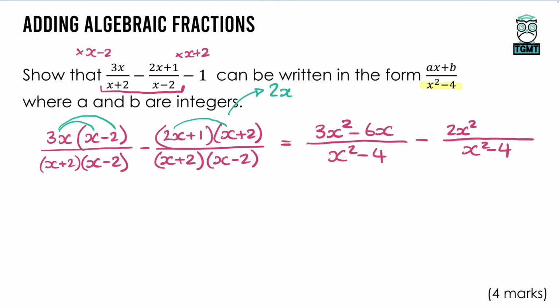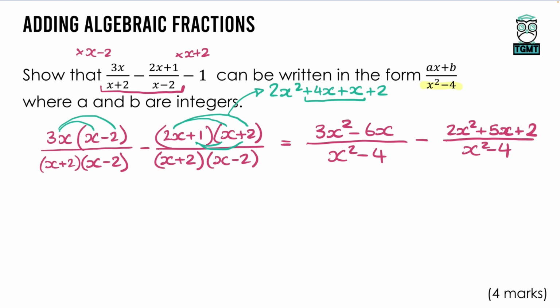So we've got the 2x squared. 2x times 2 is going to be 4x. Then 1 times x plus 1x. And 1 times 2 is plus 2. So we just want to join these middle pieces together. That'll be 5x, so we can write that on the numerator now: 2x squared plus 5x plus 2.